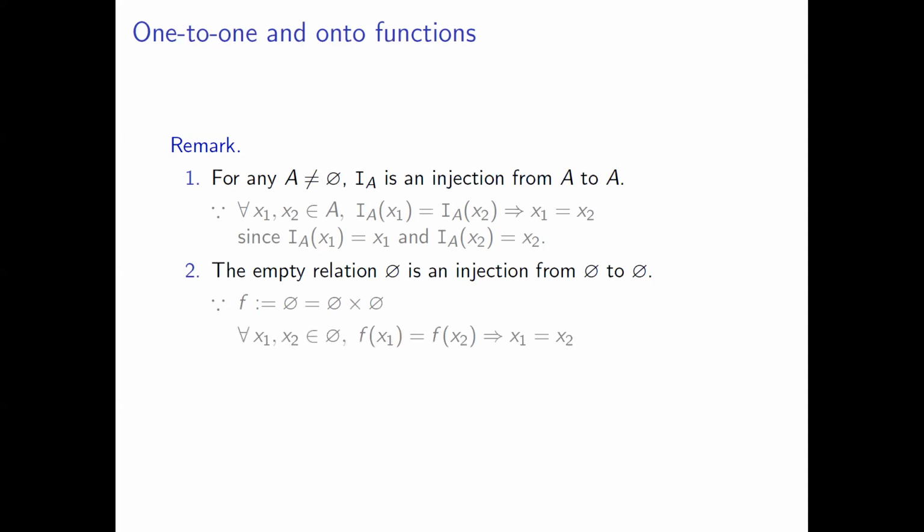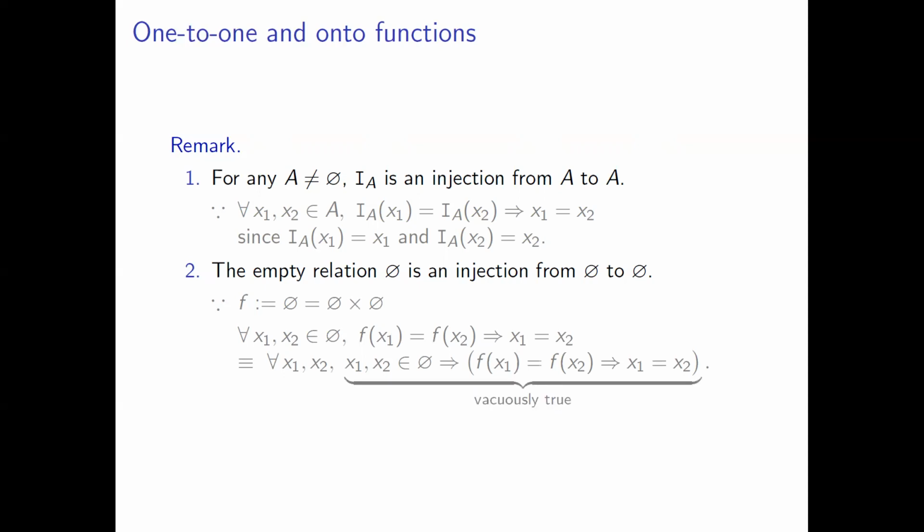The statement, for any objects x1 and x2 in the empty set, f of x1 equals f of x2 implies that x1 equals x2, is equivalent to the statement: for any objects x1 and x2, if x1 and x2 are elements of the empty set, then f of x1 equals f of x2 implies that x1 equals x2.